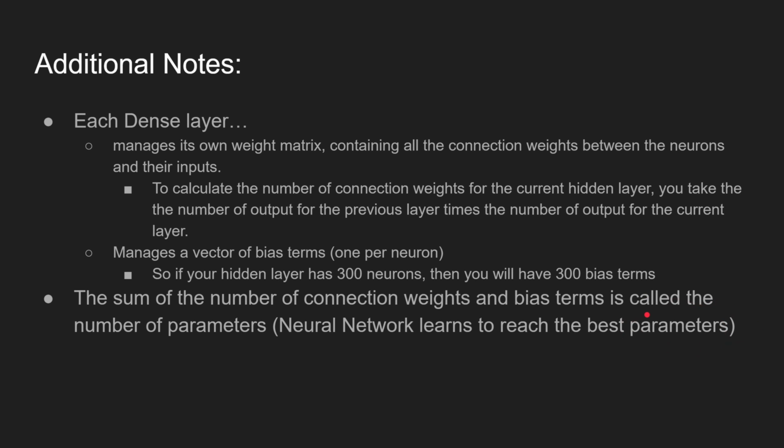Parameters are what our machine learning model is trying to learn to optimize for the best parameters. And hyperparameters are parameters that we can adjust ourselves in order to optimize our neural network, right? So that's the distinction.